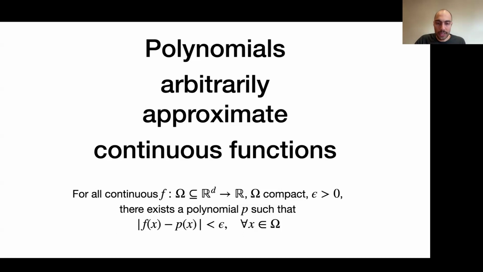You can take whatever norm you pick, for example, the sup norm. But it's just a very general statement. If the words are confusing, just think, I have a continuous function I want to learn, and there's always going to be a polynomial that's close enough to this continuous function.